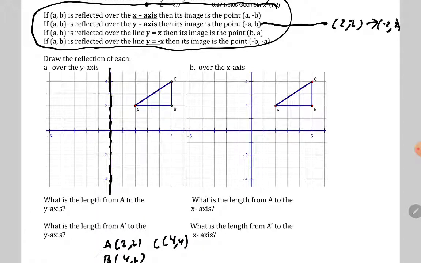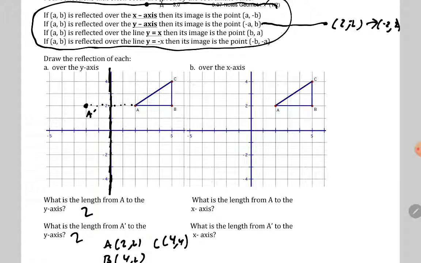If I go to negative 2, 2, that's right here, and that's A prime. Notice that the distance from A prime to the line of reflection and from A to the line of reflection is the same. Distance from A to the line of reflection is 2. Distance from A prime to the line of reflection is 2. They're the same.